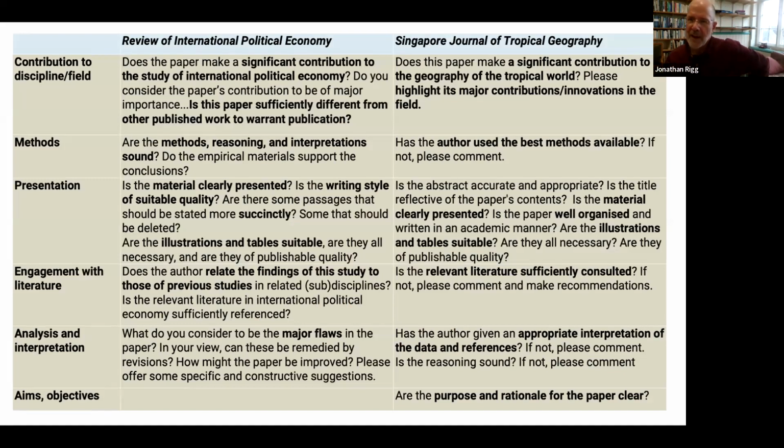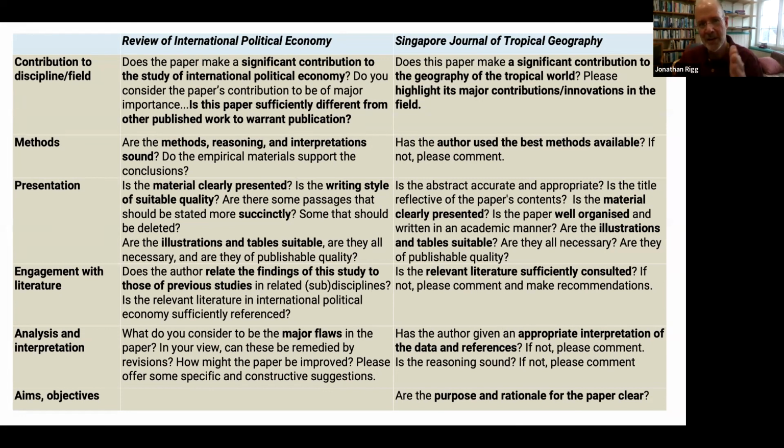Okay, I've added this in because not always, but often we are reviewers, so referees. I maybe referee a paper every two or three weeks. I've got two that I'm having to referee at the moment, one in development studies and one in agrarian studies. Some journals give you hot tips, guidance notes as to what are the things that they're asking you specifically to look at.